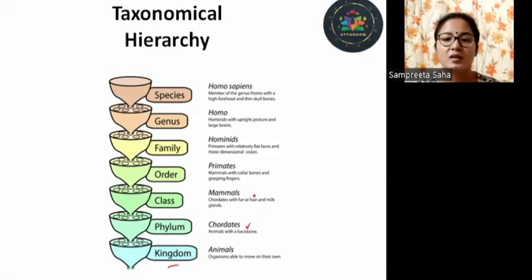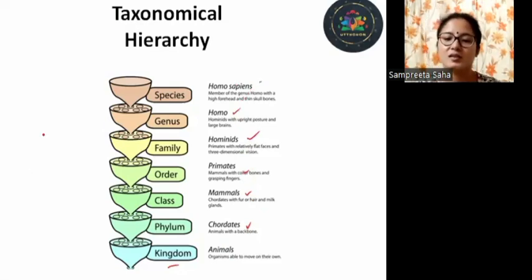Next, in the phylum Chordata, they come under the class Mammalia. In the class Mammalia, they come under the order Primates. In the order Primates, they come under the family Hominidae. And in the family Hominidae, they come under the genus Homo. And lastly, they have the species sapiens.